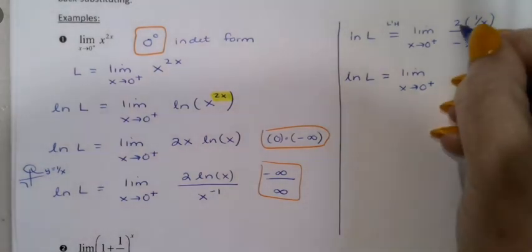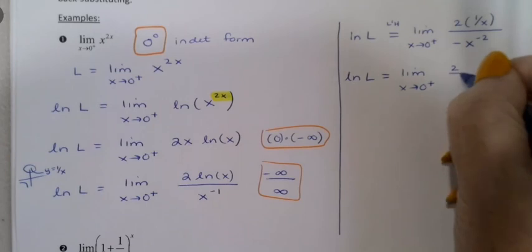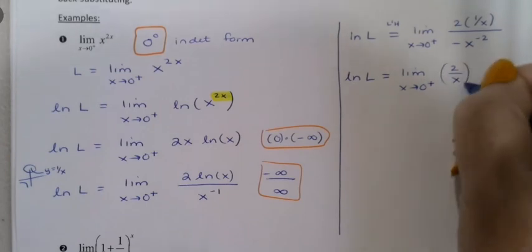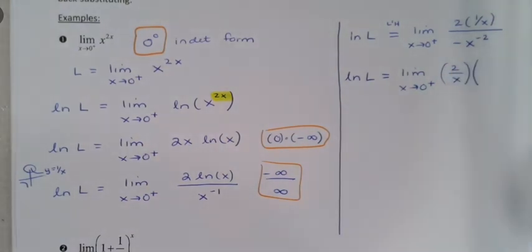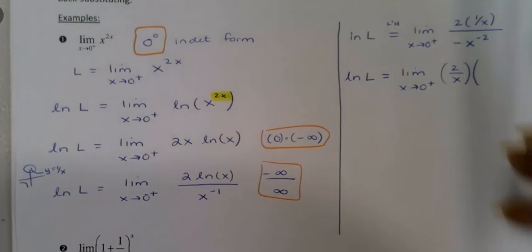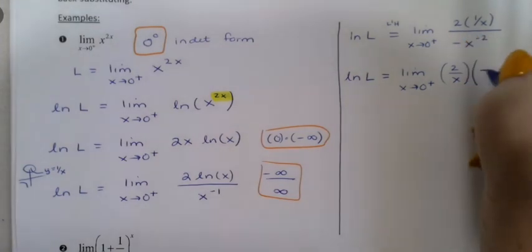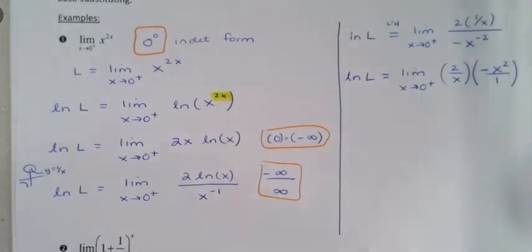The top is really 2 over x. And I could take that x to the negative 2 and bring it to the top as an x to the positive 2. So I have a negative x squared. It's just like multiplying by the reciprocal, right? Bringing the negative exponent to the top.